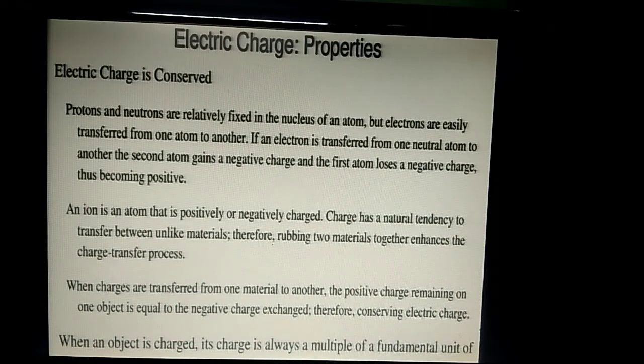When charges are transferred from one material to another, the positive charge remaining on one object is equal to the negative charge exchanged. Therefore, charge is conserved. When an object is charged, its charge is always a multiple of a fundamental unit.